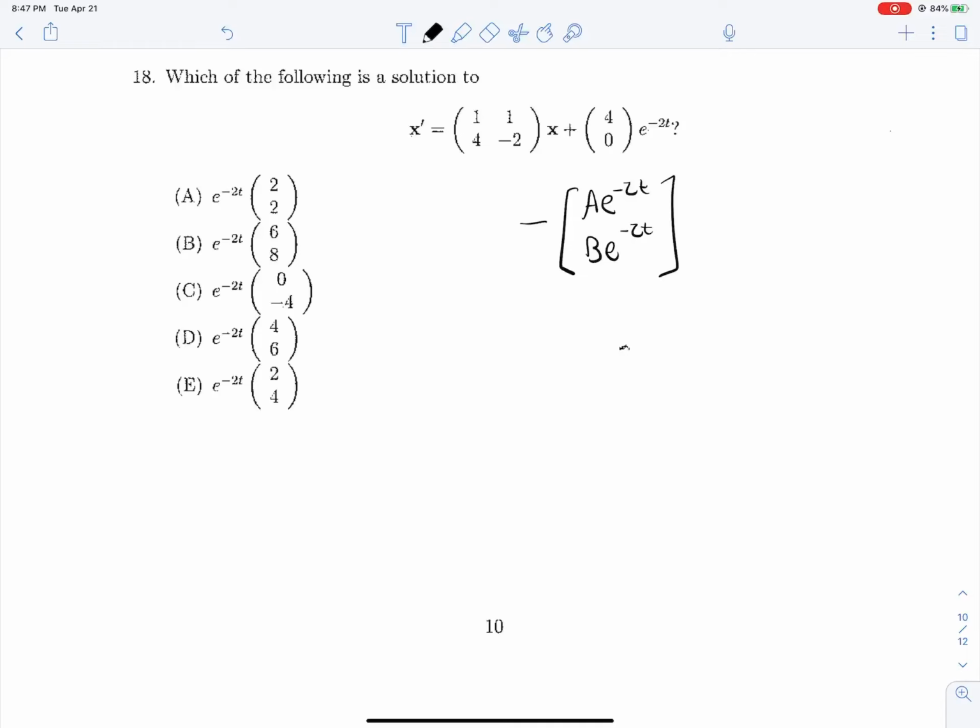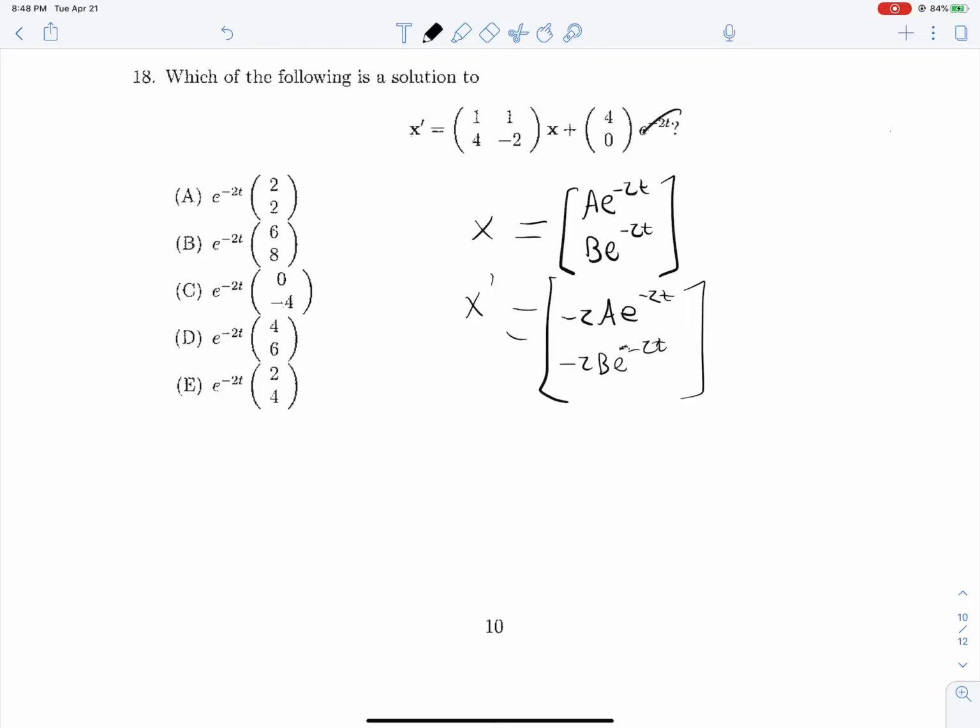So we need to assign this as x, and then our x prime will be negative 2a e to the negative 2t, negative 2b e to the negative 2t. And before I plug anything in, let's notice that if we plug x and x prime in, every single term throughout the entire equation will be multiplied by e to the negative 2t.